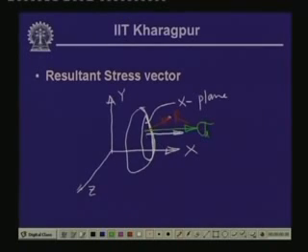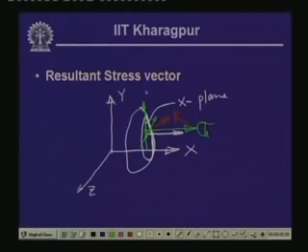If we take the component of R along, or parallel to, the y axis, then in the plane we get a stress which is acting in the y direction. Also, we have a component which is acting in the z direction.